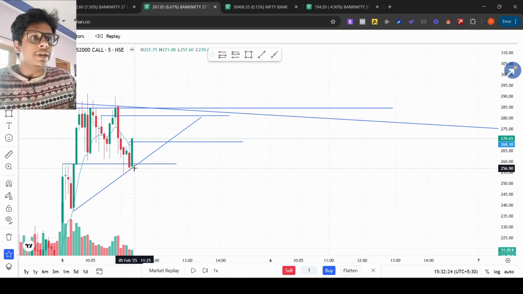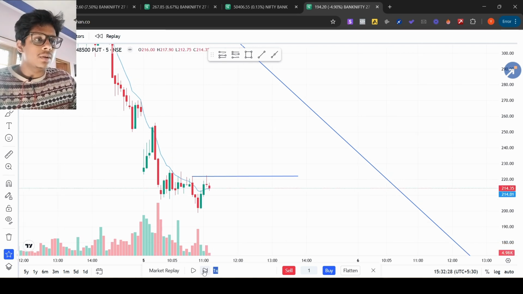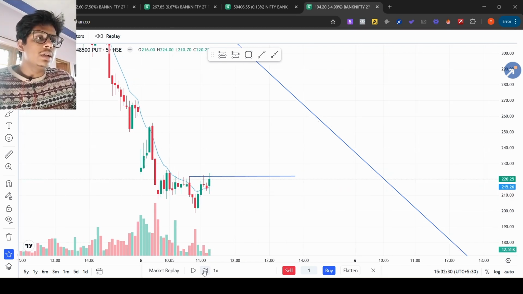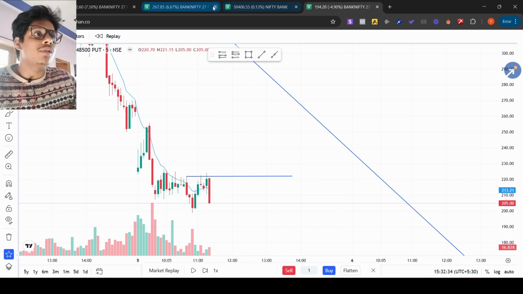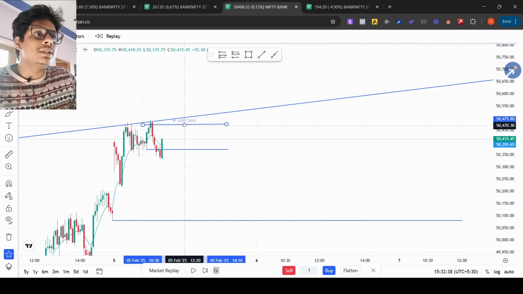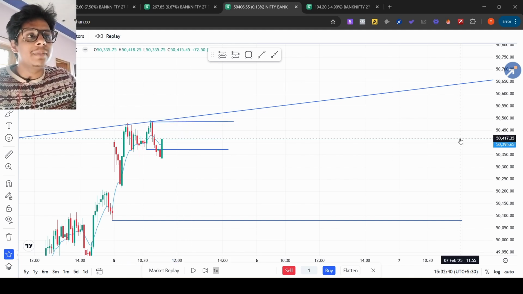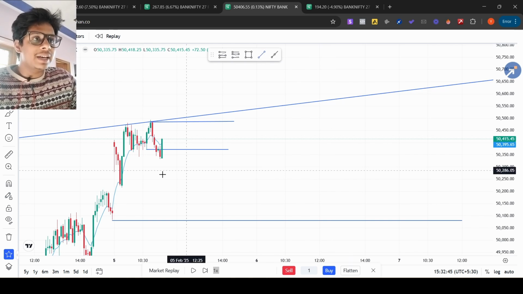And there is also great momentum at 1120 on both the index call and the call chart, and even in the put chart there is a great momentum over here and a lot of scope and opportunity for us to take a trade. Because the very next POI is right over here. So basically this can be a great trade.